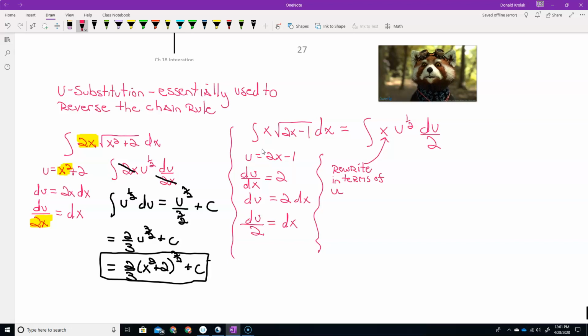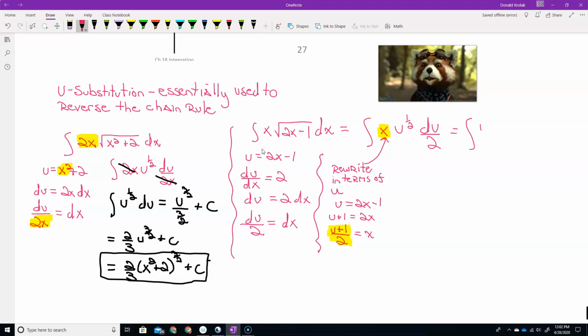So I'm going to take this equation, u equals 2x minus 1, and solve it for x. So I'd have u plus 1 equals 2x, and then u plus 1 divided by 2 equals x. Now I can rewrite this. I'm going to take out that x and replace it with this.